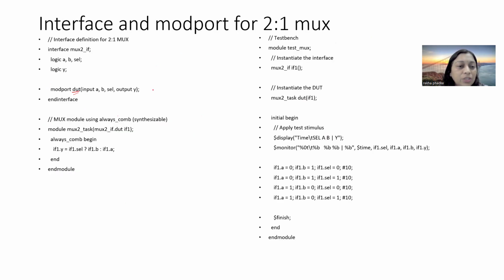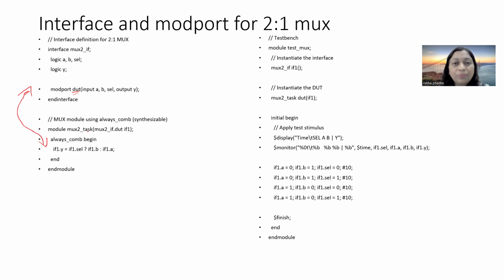But here in the DUT, we are actually writing the expressions which the function would have done otherwise. And all other things are the same. The test bench is the same. The only thing is the modport, and because it's a modport, how to define the other equations inside the DUT has to be mentioned properly.